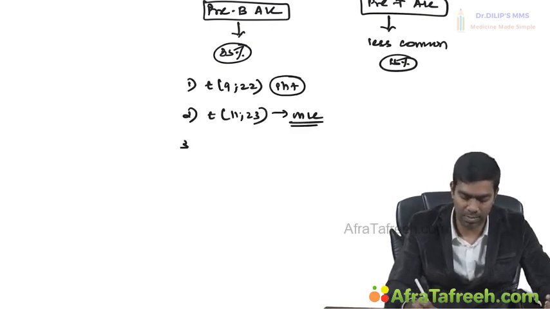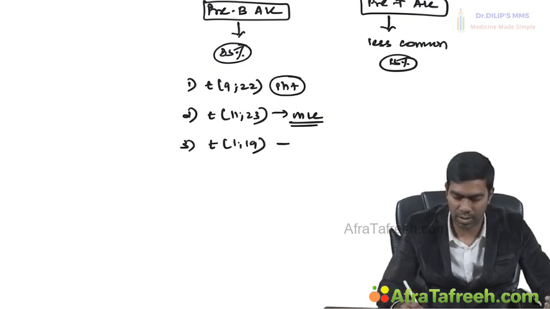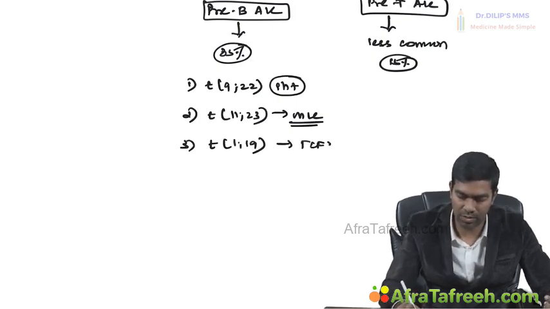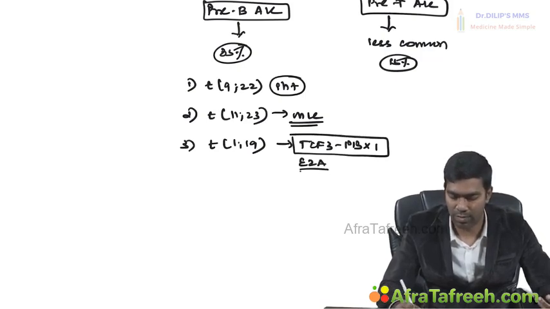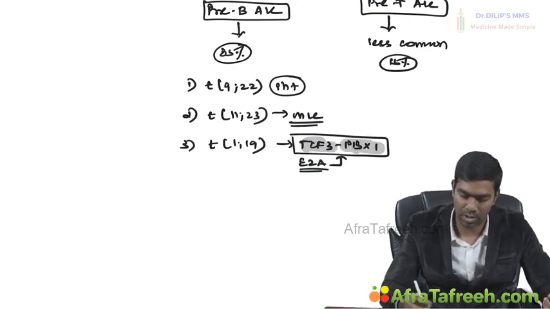ALL with t(1;19) translocation has the TCF3-PBX1 rearrangement. TCF3 is also called E2A. You can just remember it as TCF3-PBX1 rearrangement.